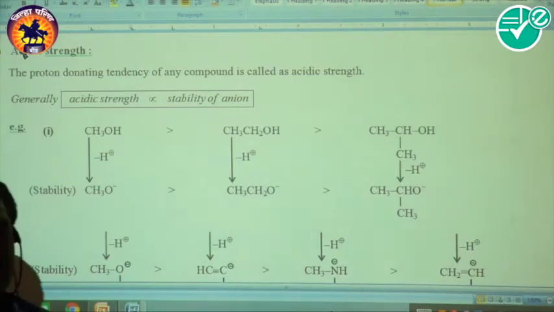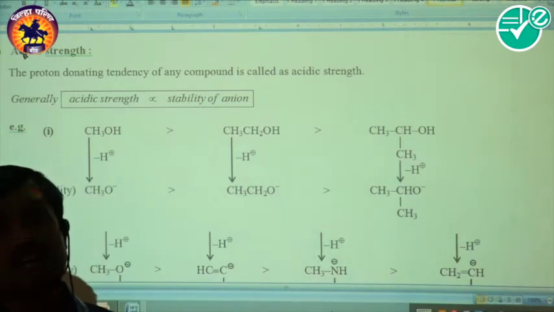If you consider the anion, when we attach an electron withdrawing group, it is more stable.